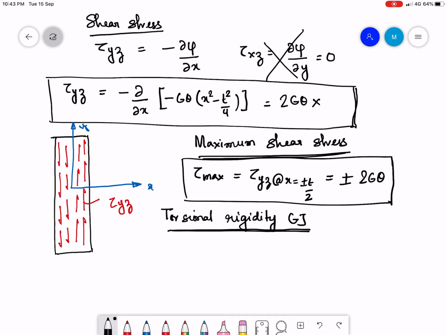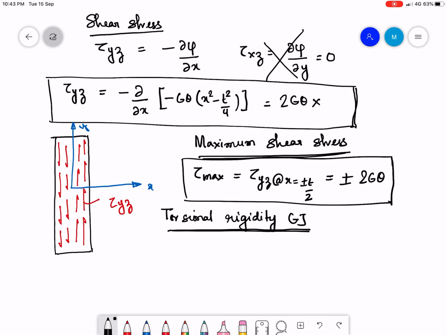We have also understood from the membrane analogy that the torque that acts on the shaft causing a rate of twist of theta is analogous to twice the volume enclosed by the analogous membrane because of the deformation in the z direction.